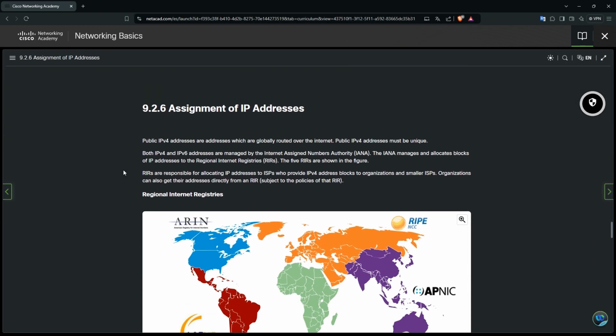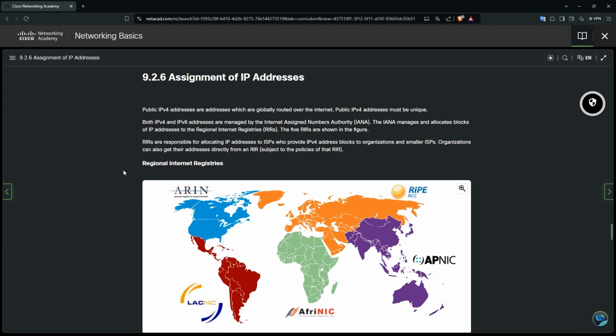The next point is assignment of IP addresses. Public IPv4 addresses are addresses which are globally routed over the Internet. Public IPv4 addresses must be unique. Both IPv4 and IPv6 addresses are managed by the Internet Assigned Numbers Authority (IANA). IANA manages and allocates blocks of IP addresses to the Regional Internet Registries.